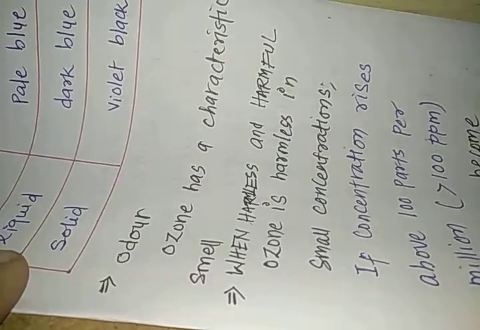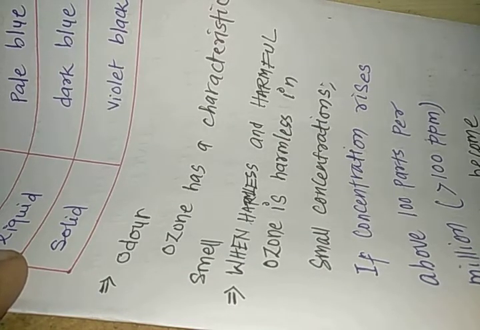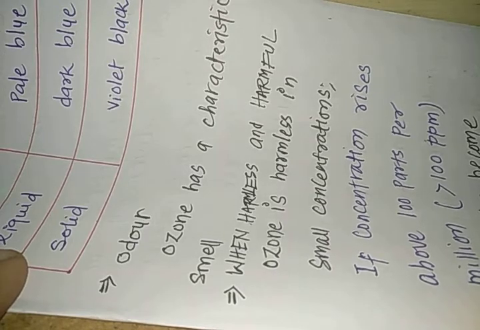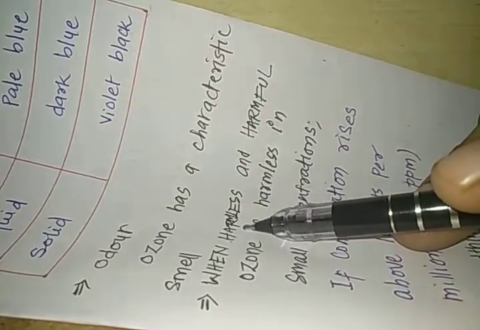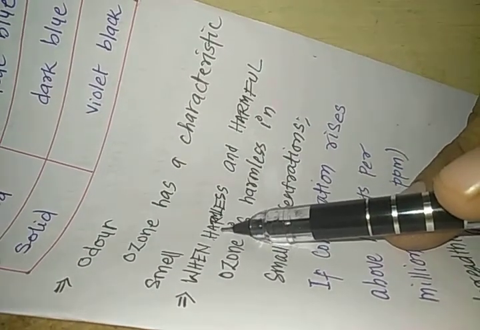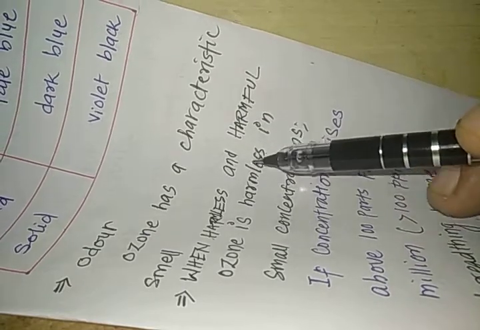Now we should know about the odor or smell of ozone. If we study the odor or smell, we come to know that ozone has a characteristic smell. Let us try to study when ozone is harmless and when ozone is harmful.